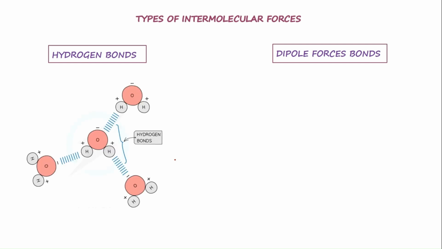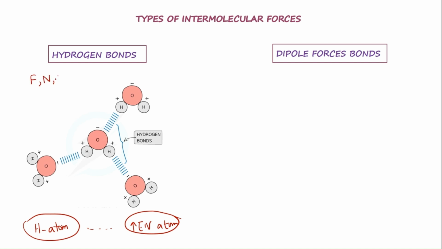Now, hydrogen bonds, as the name suggests, are present between a hydrogen atom and a highly electronegative atom. So they are present between a hydrogen atom of one molecule and the highly electronegative atom of another molecule. If we revise the lecture, you can rewind the video and see that the most electronegative elements in the periodic table are fluorine, nitrogen, and oxygen.